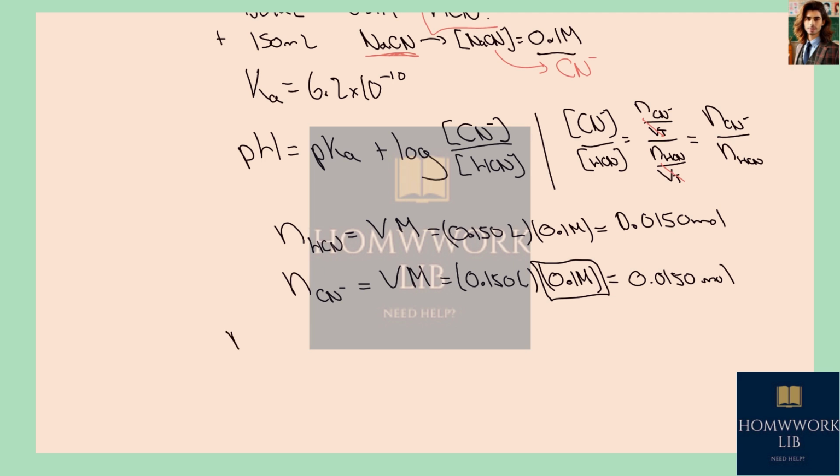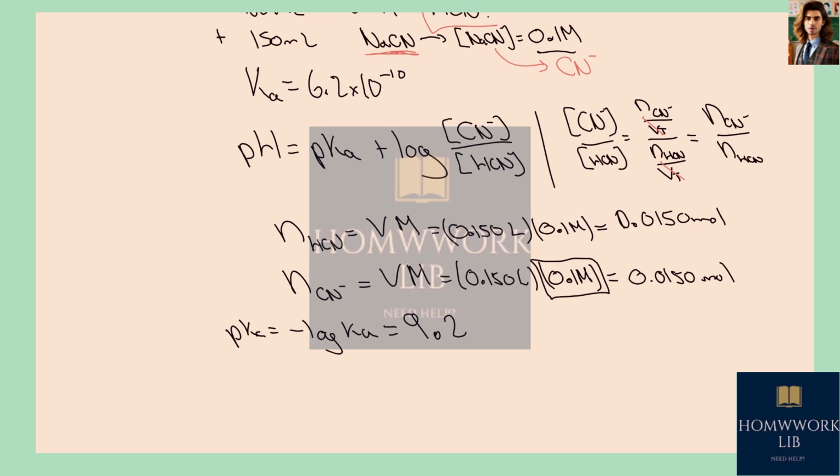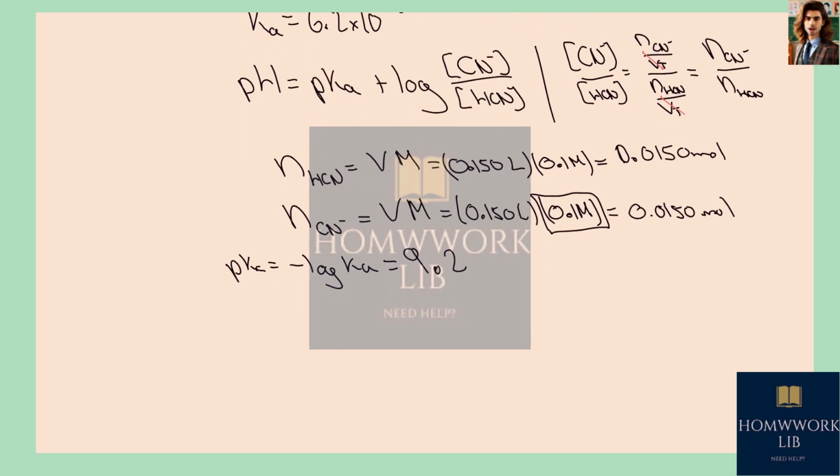We can calculate the pKa as minus the logarithm of Ka. It is going to give us a pKa of 9.2. Thus, the pH is going to be equal to pKa plus the logarithm of the concentration of CN minus divided by the concentration of HCN.